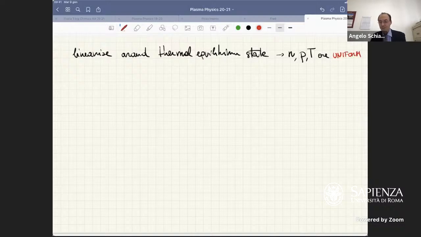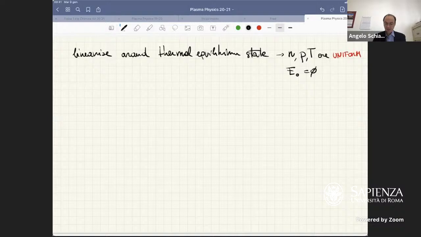They are uniform, so they are not changing in space, and the electric field is zero. In a thermal equilibrium state, the macroscopic electric field is zero. There's no electric field, so the only component of the electric field will be the perturbation.